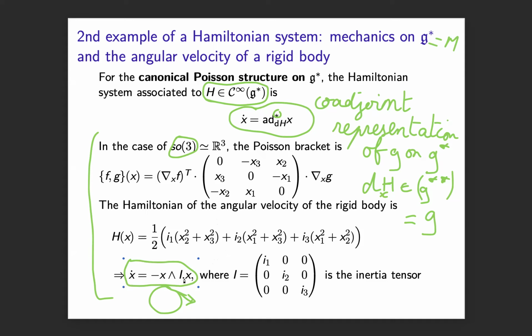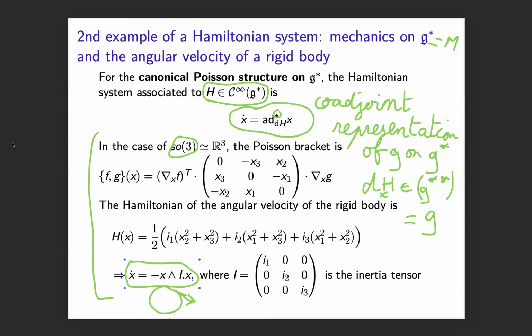And in particular, we can prove that this trajectory is periodic. So we will see periodic trajectories of the angular velocity of the rigid body in two lectures. All right, so that was our second example of a Hamiltonian system in Poisson geometry.